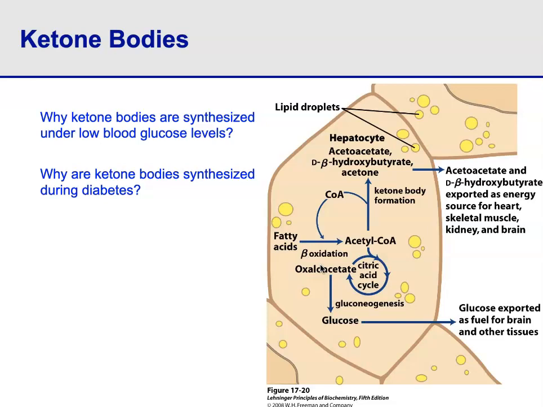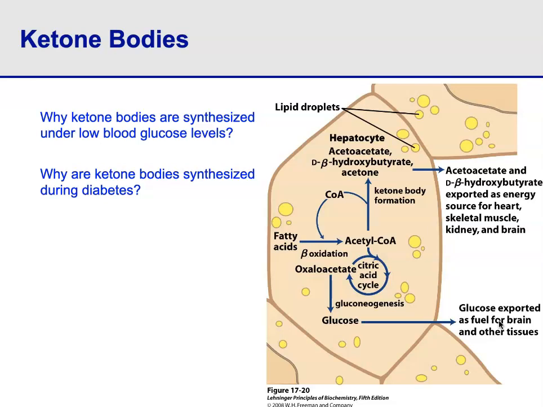Why? Because the liver is the only tissue that can produce glucose that will be exported out for the brain and other tissues to use. Yes, but what is the source of gluconeogenesis? Someone might say, well, pyruvate. Yeah, but how will you generate pyruvate? Pyruvate is only generated from glucose. You don't have glucose. So how will you generate it?